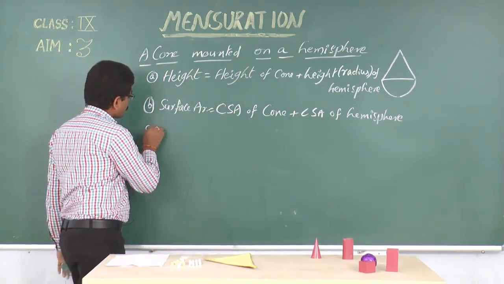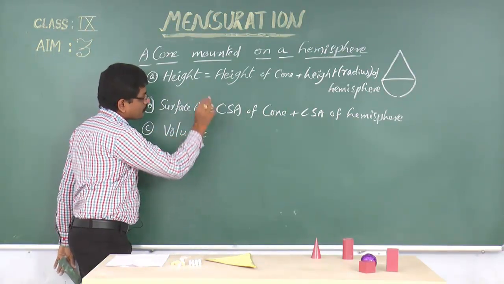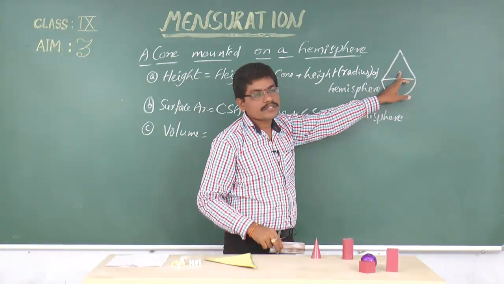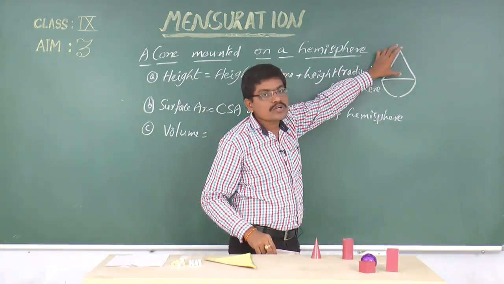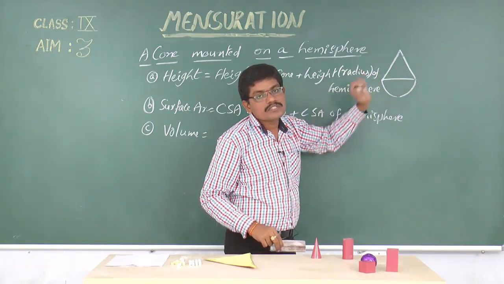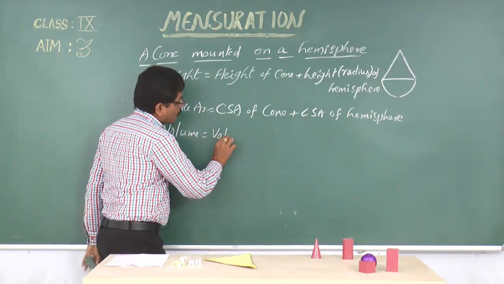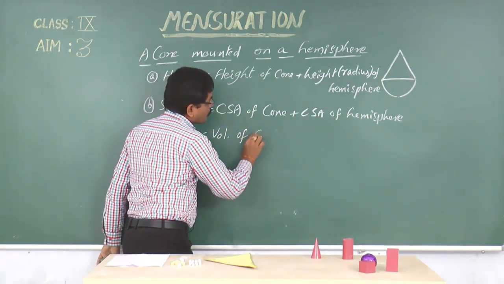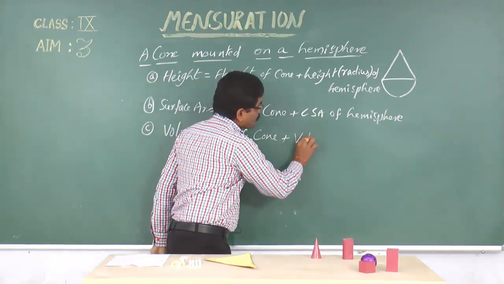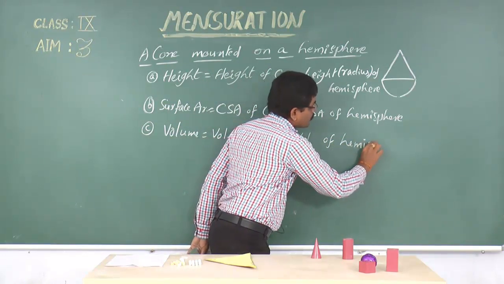Next, volume. To find the volume of this solid, we have to add the volumes of cone and hemisphere. So volume is equal to volume of cone plus volume of hemisphere.